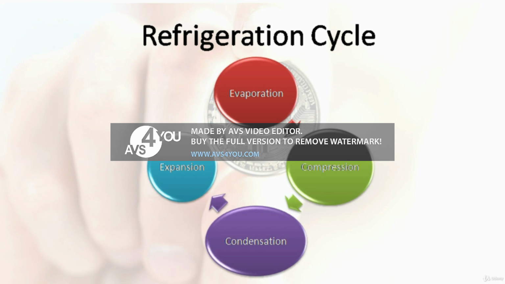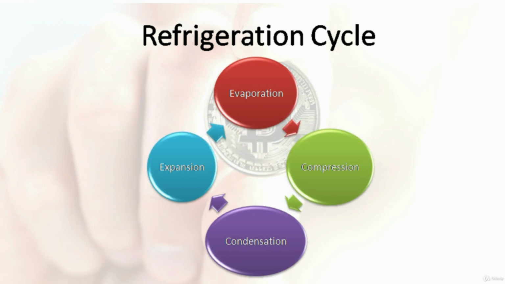The expansion valve helps significantly decrease the pressure of the liquid, which in turn lowers its temperature. The resulting lower pressure liquid then reaches the evaporation coil again, initiating the cooling cycle at the evaporation stage, and thus it goes on and on and on.